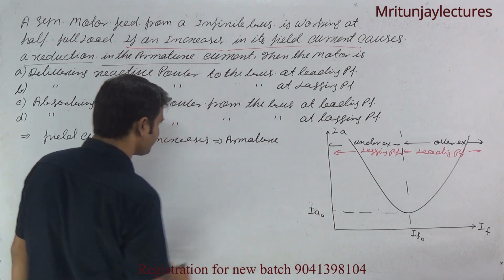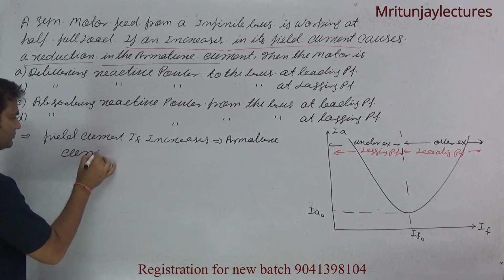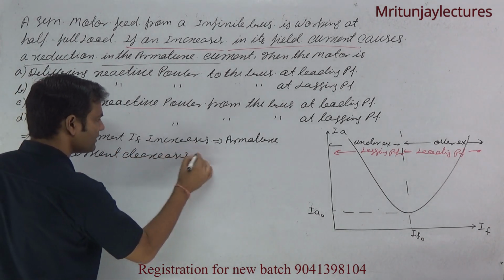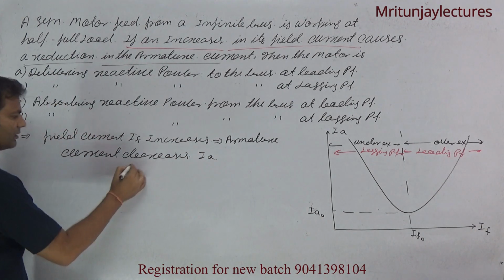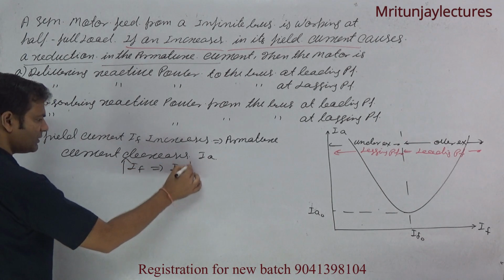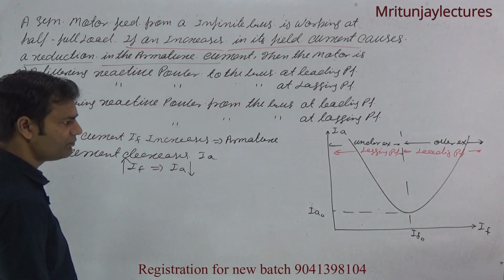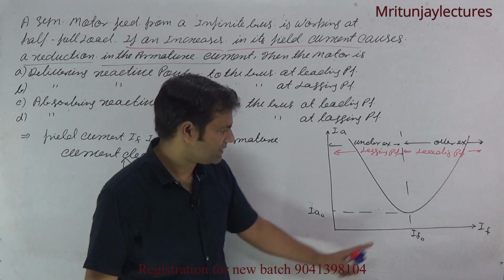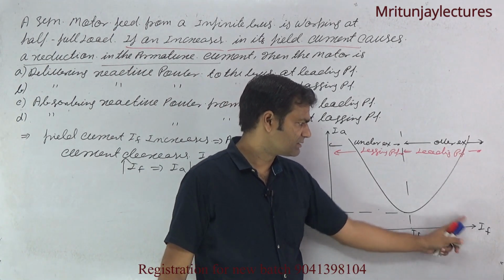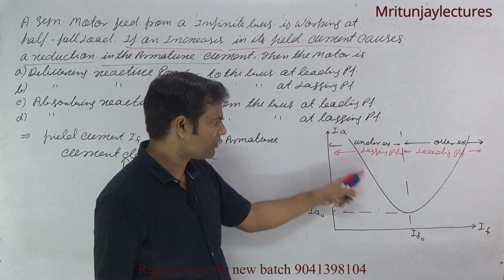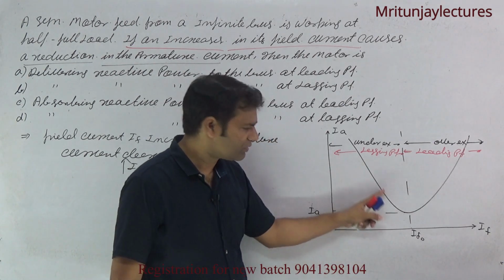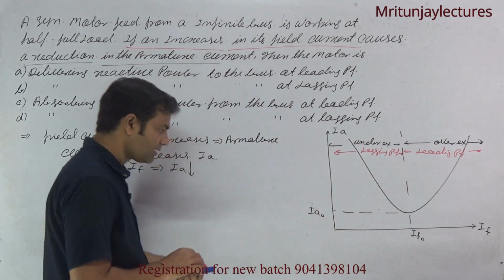Armature current IA decreases, means if IF increases, IA decreases. Which region? In case of leading power factor, if field current increases, IA increases. But in case of lagging power factor, or you can say under excitation, if field current increases, armature current decreases.